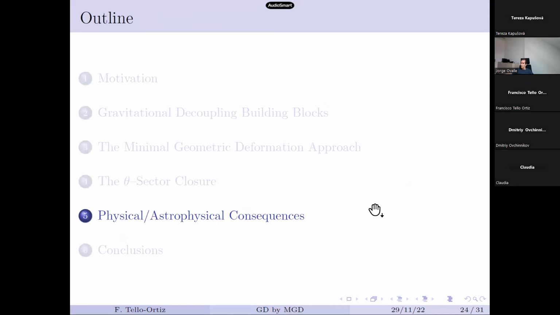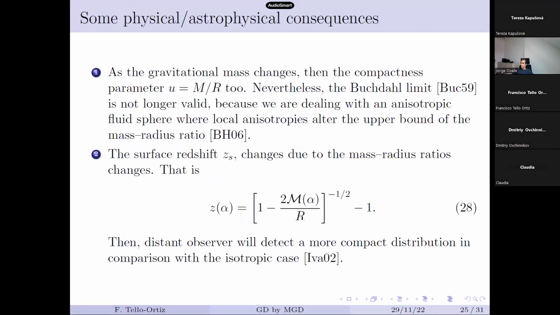Let's see. First of all, as you are modifying the radial metric potential, it means that you are modifying the gravitational mass function. Then you are modifying the compactness parameter, the mass-radius ratio of your system. But I have decided to put this comment because I think it is really important, at least from the theoretical point of view.